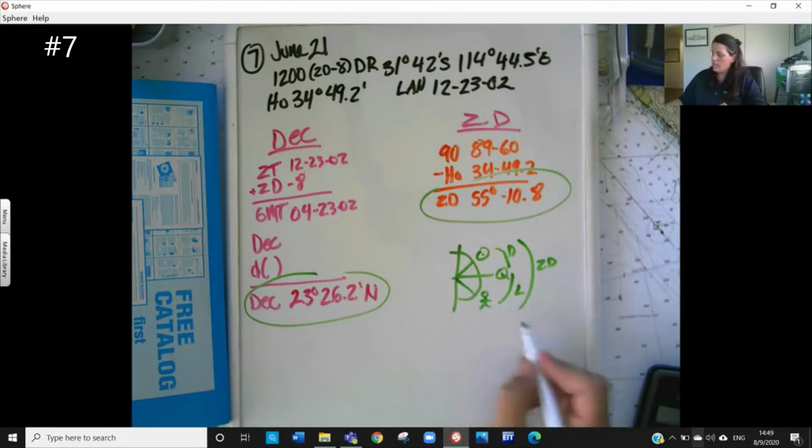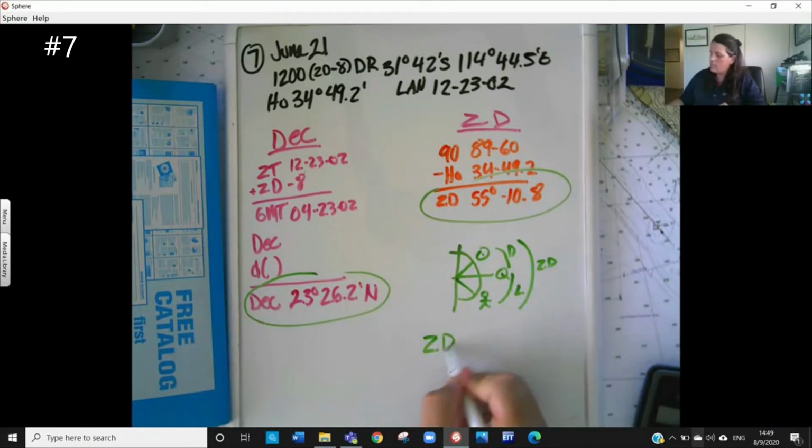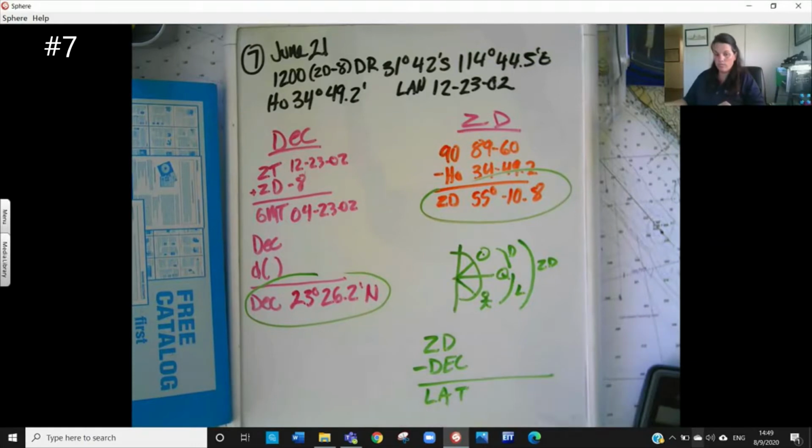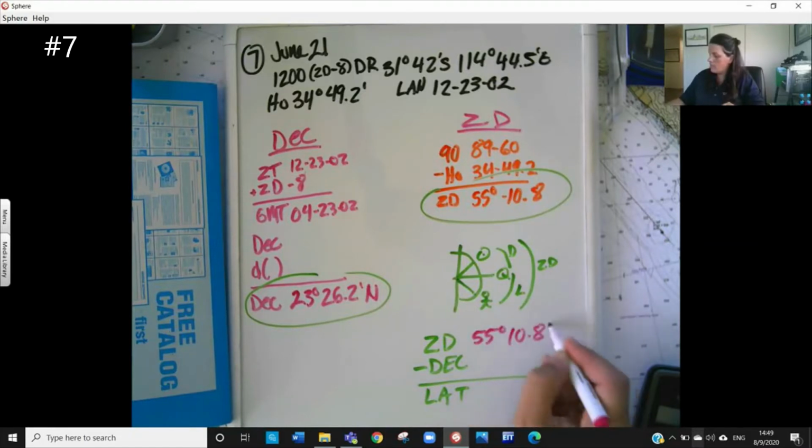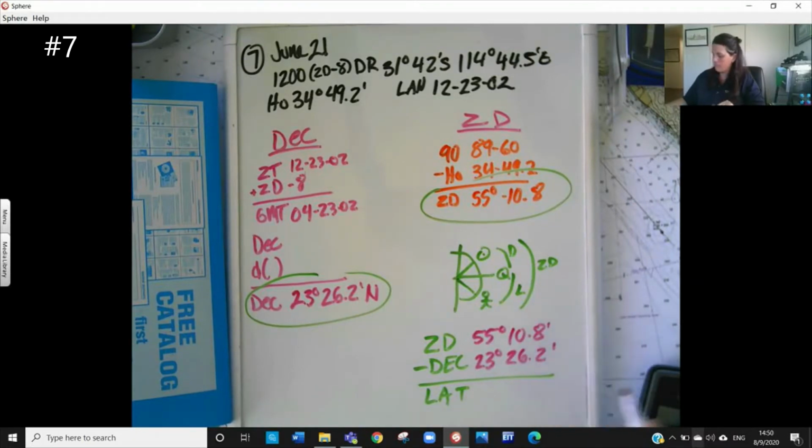So to figure out what latitude is, I'm going to have zenith distance minus declination equals my latitude. My zenith distance was 55 degrees, 10.8. My declination was 23 degrees, 26.2.